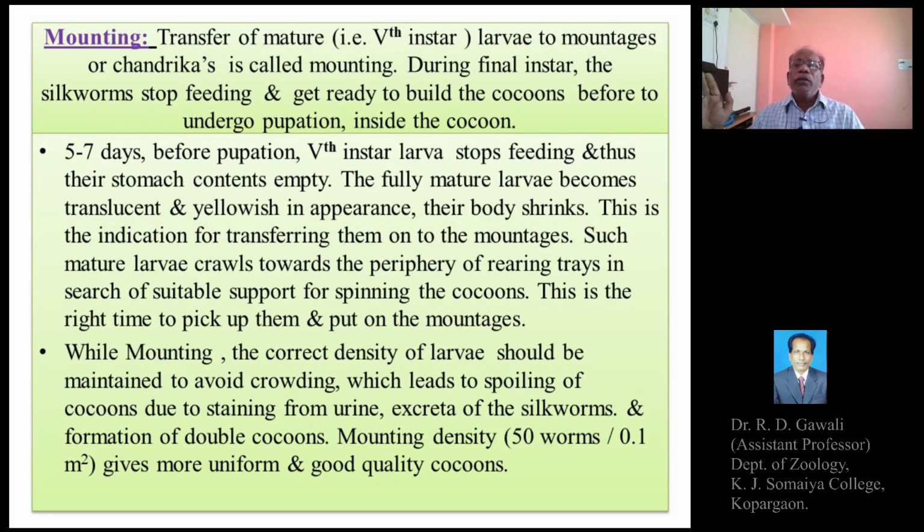Then we also explained the process of molting. During the period of larval development, about 30 days or a month, the silkworm larva passes through 5 instars and undergoes 4 moltings.